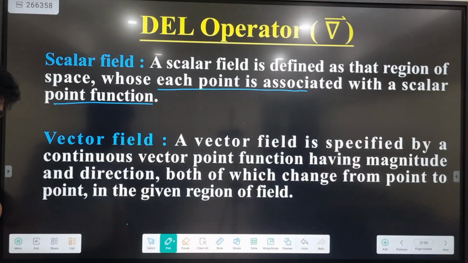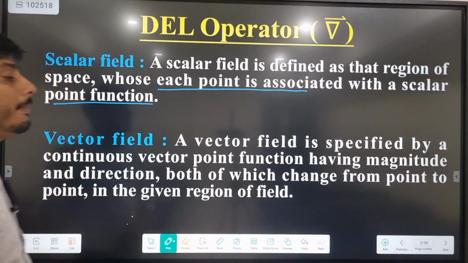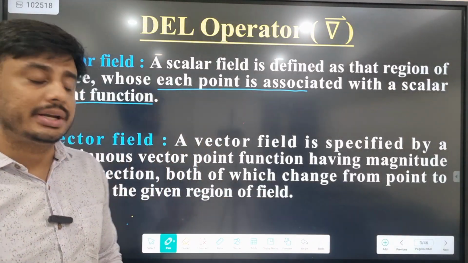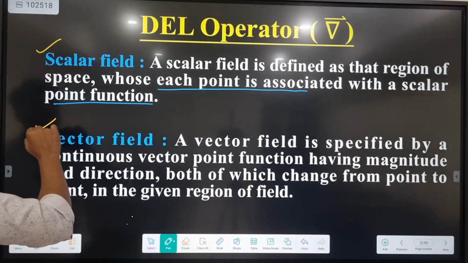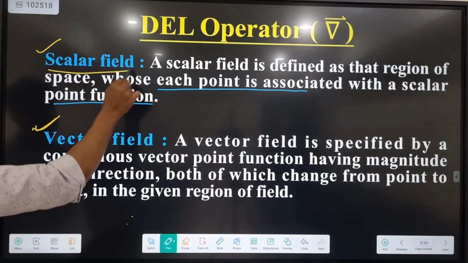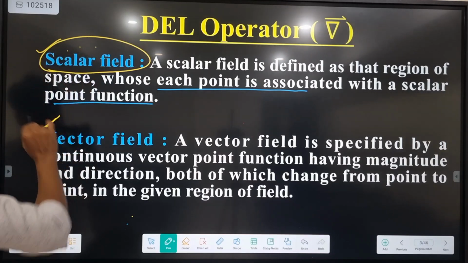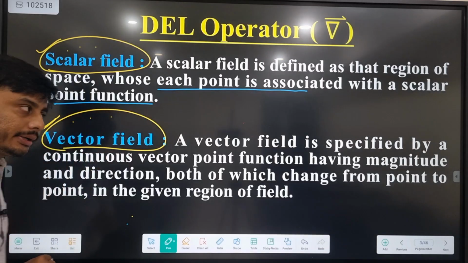And a vector field, similarly, is when the entire field is represented by a vector quantity. So in a scalar field each point of the field is represented by a scalar, and in a vector field each point is represented by a vector quantity.